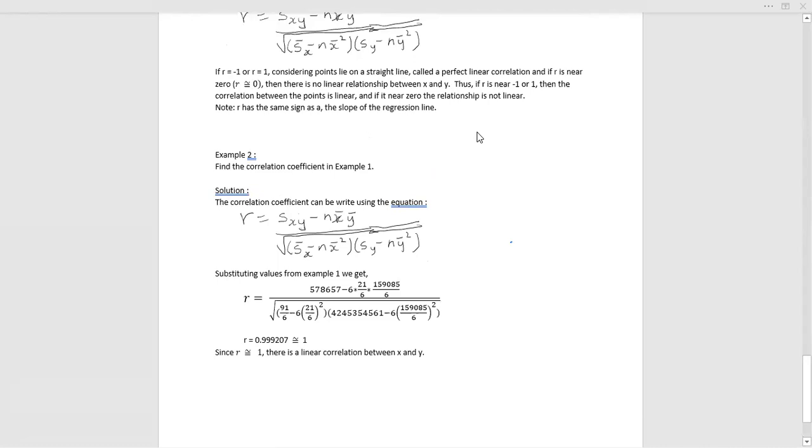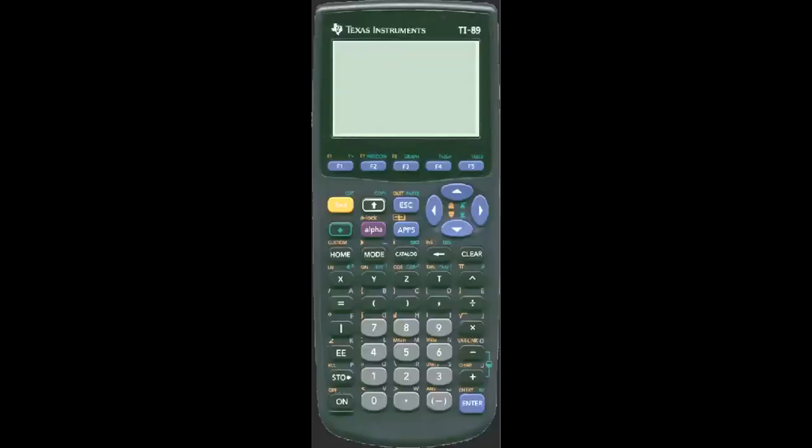We can find the coefficients of the regression line and this correlation coefficient R as well using the calculator. Let's see how to do that. I'm going to show you that using a TI-89 calculator.